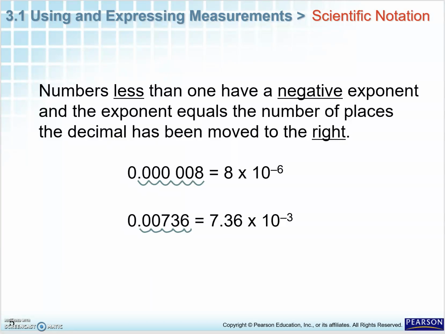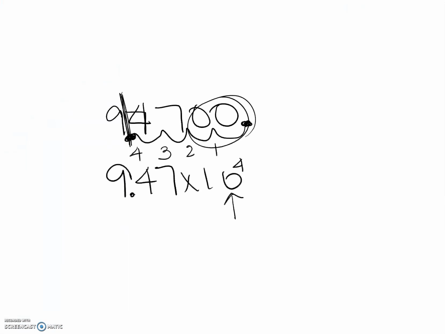Now let's look if we need to move our decimal point from the left all the way to the right. So let's try this number, 0.00008. So to get this number into scientific notation, we want to put our decimal point right here after the 8.